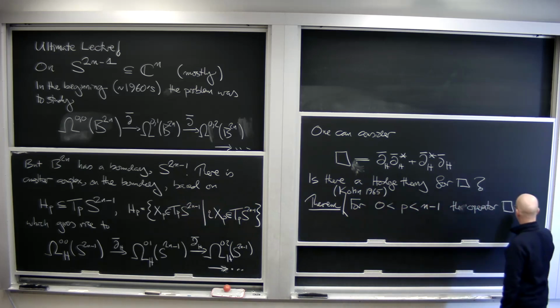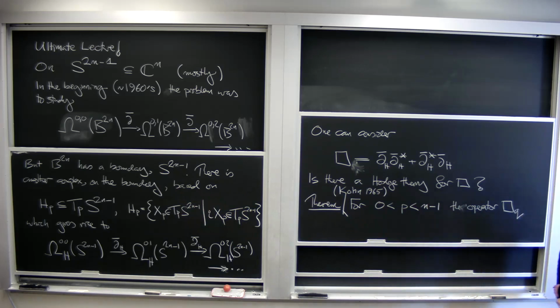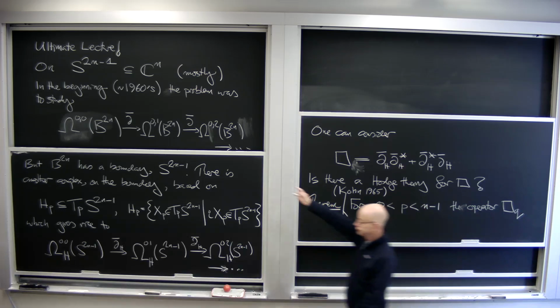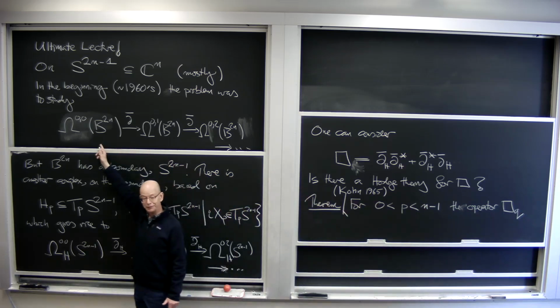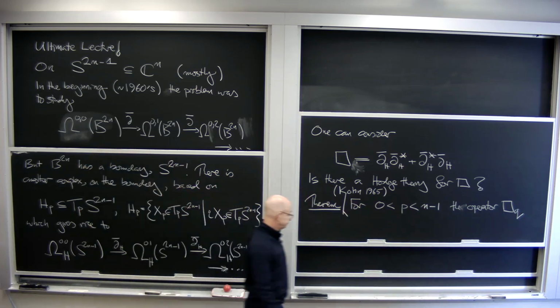So this operator box, the Kohn-Laplacian, maps p-forms to p-forms, and so you can just restrict it and ask, how does it act on p-forms? Not including zero forms, which are just functions. It's maybe where it's most interesting, but all of the higher ones.